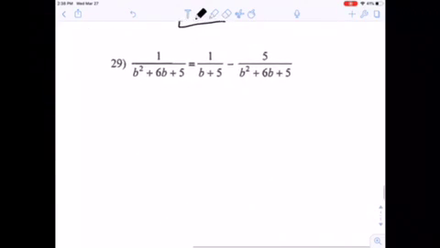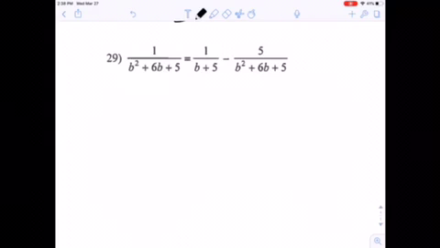Okay, same type of deal here on 29. We see that these are exactly the same. So we want them on the same side so we can add them together. So we're going to add the 5 over b squared plus 6b plus 5 to the other side.